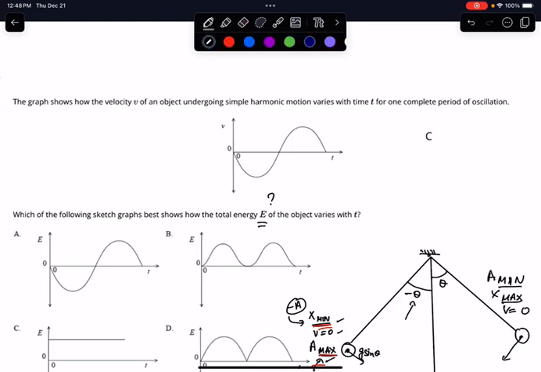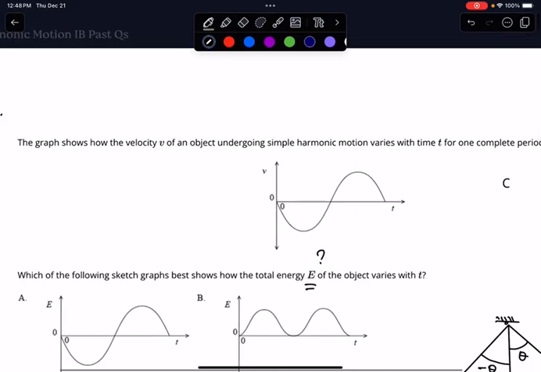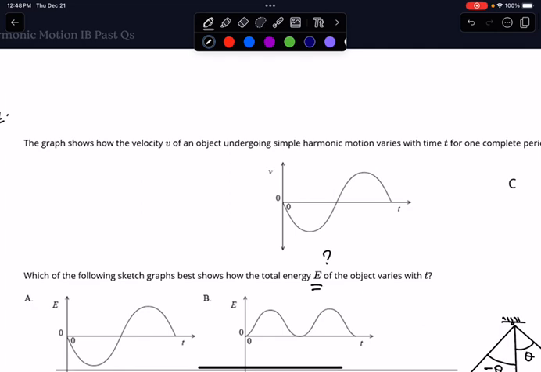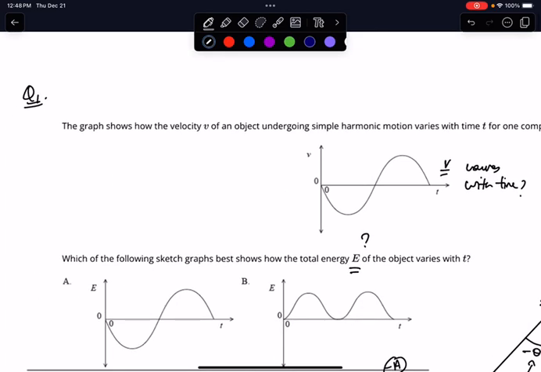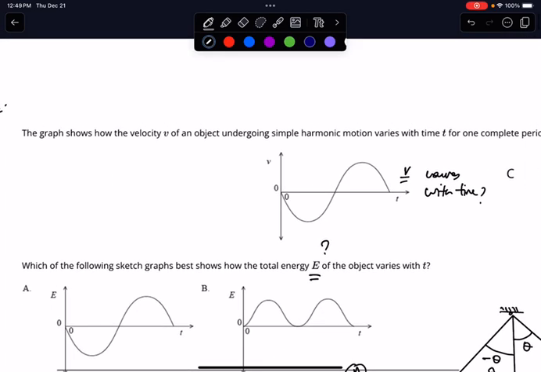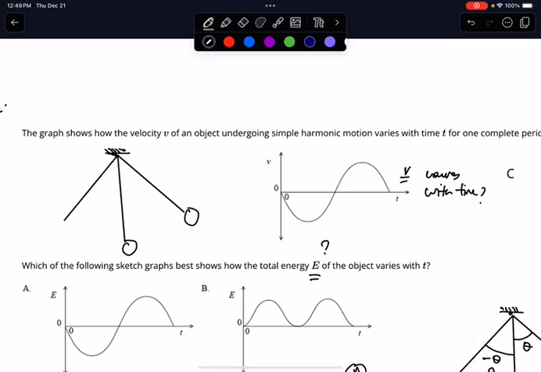So we look at this graph over here, which shows how the velocity v of an object varies with time. So the way we can go about it is that once again we draw a simple pendulum over here. So this is going to be our simple pendulum. And what we can see is that the velocity is 0.